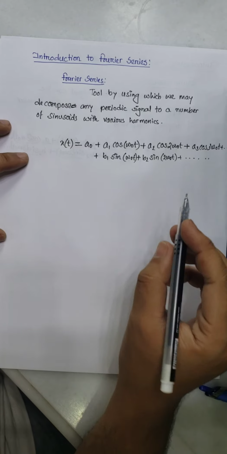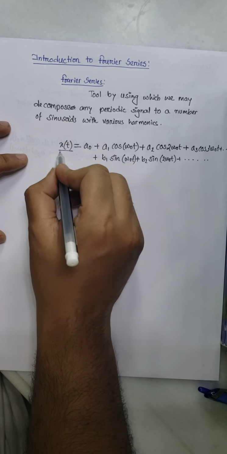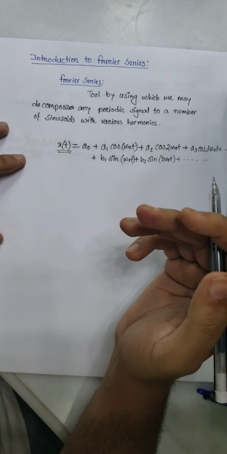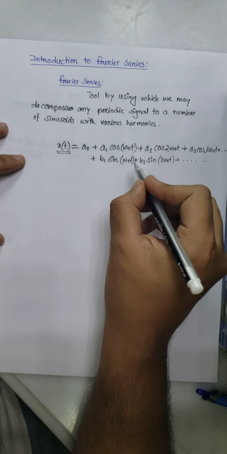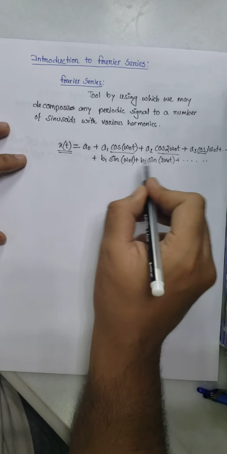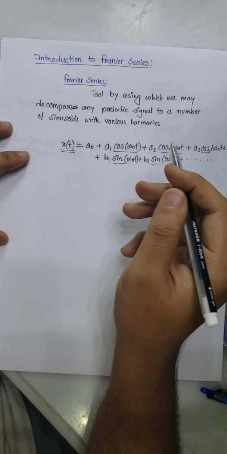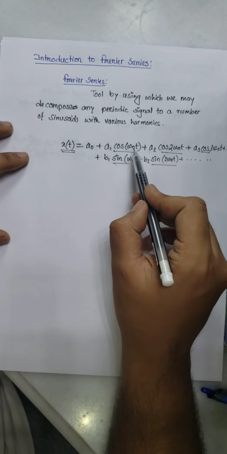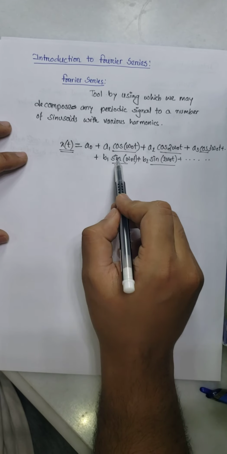Now here the signal x of t is expanded such that there are a number of cosine functions and sine functions, with increasing terms of frequency.